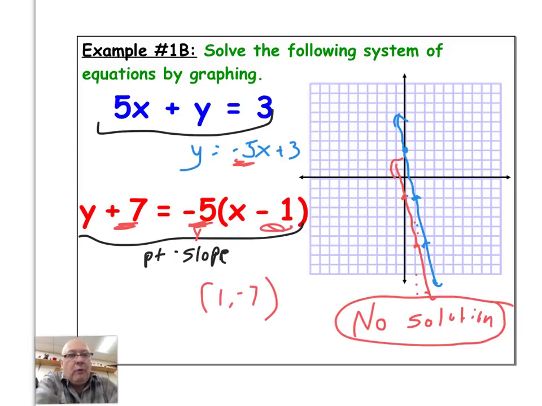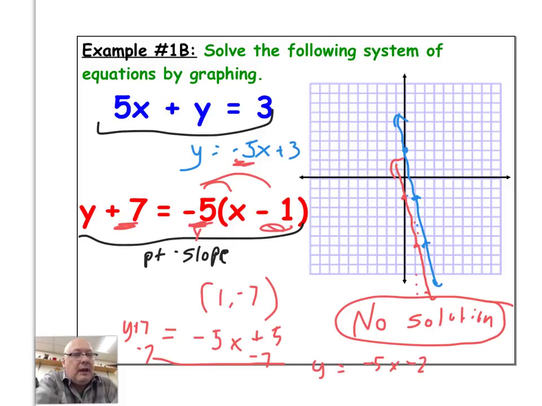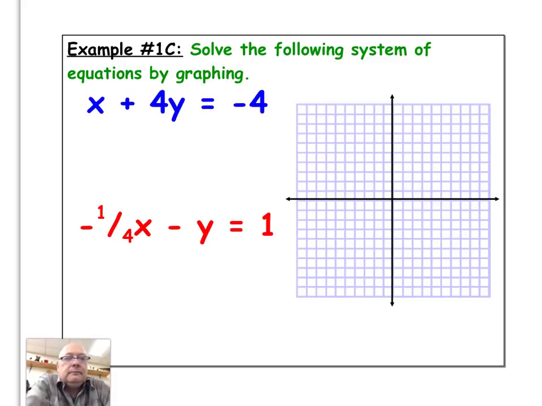And by the way, if you really wanted to, you could distribute this in and get negative 5x plus 5 equals y plus 7, and then subtract 7 to both sides. If you wanted to, I'm running out of room here, you get y equals negative 5x minus 2, and that's still this red line.